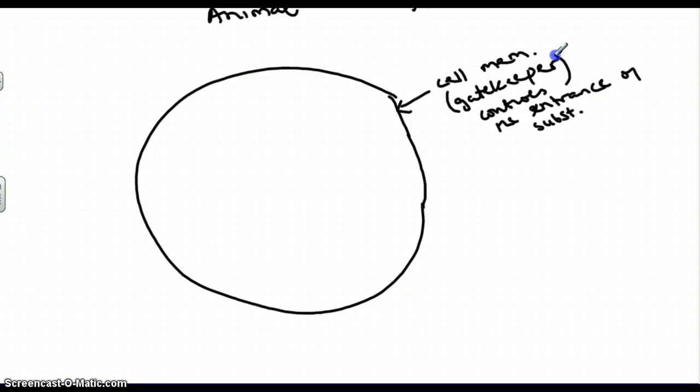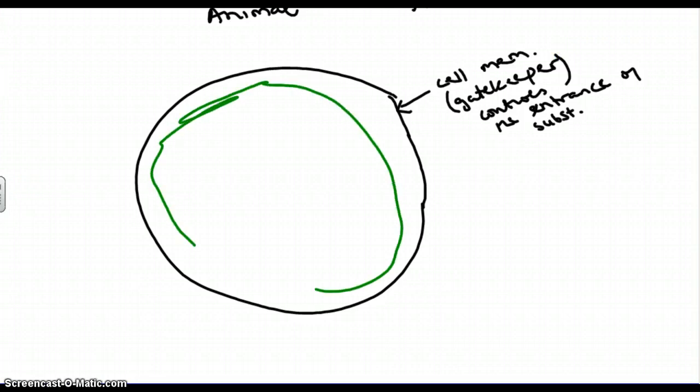Then we move on to the inside of the cell. We can first start with the cytoplasm. The cytoplasm is a gel-like substance.